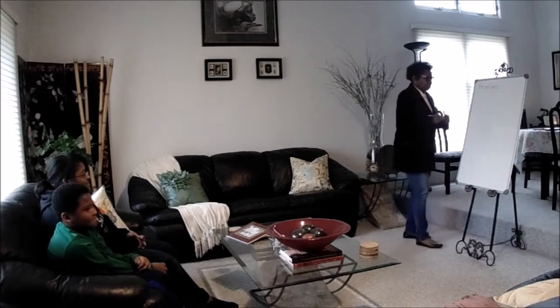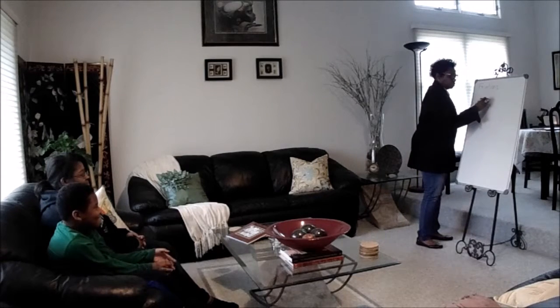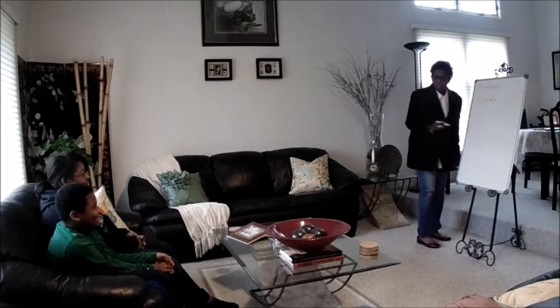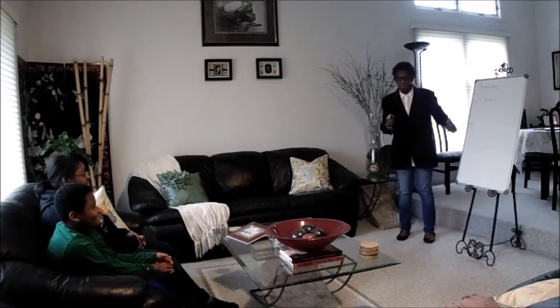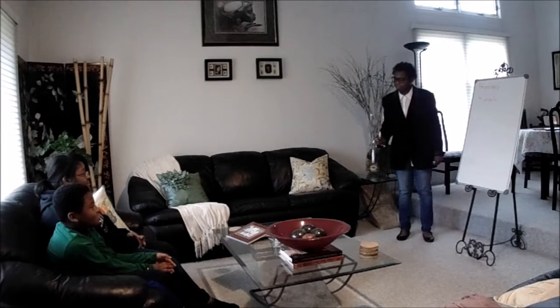For instance, Ryan and Nicole, you're a family, and your mother and your father. How many people is that? 4. 4 people. Okay. And because this is a whole number, each one of you makes up 25% of that whole.